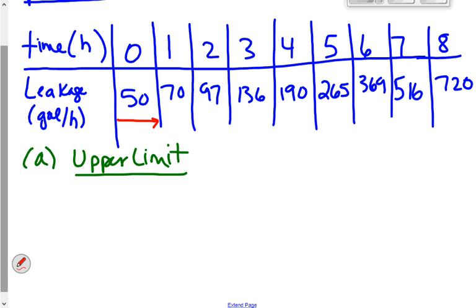So in this case, upper limit is synonymous with worst case scenario. Well, it'd be awfully nice if I could say, I bet you for all of the interval from 0 to 1, it was really closer to 50.